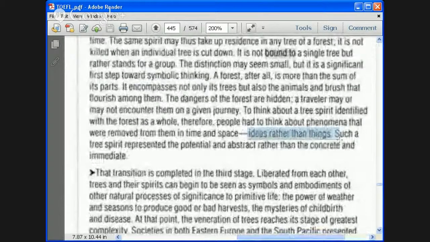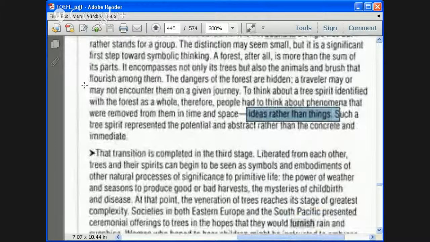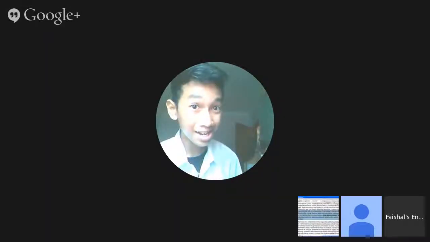Yeah, here it is. I think you're going to have to read the context around it. To think about a tree spirit identified with the forest as a whole, people had to think about phenomena removed in time and space. Such a tree spirit represents potential and abstract rather than concrete and immediate.